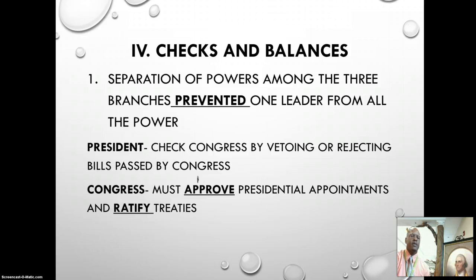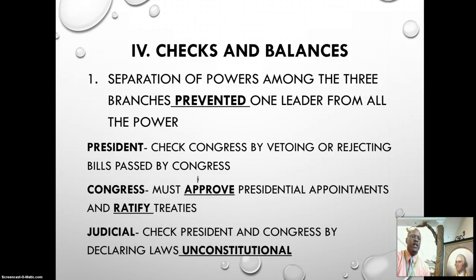And even treaties that the president passed, we'll look at those and see if those are in the best interest of our country. And then finally, our judicial branch, as we said earlier, they can determine whether things are constitutional or not. So the president and the Congress may agree on a law or pass something, but the judicial branch has the final say and says, hey, this may not be constitutional, so we might need to look at this, or it might get struck down.